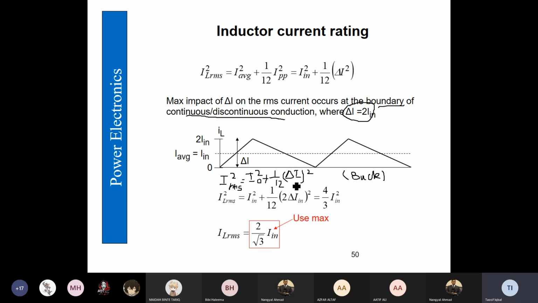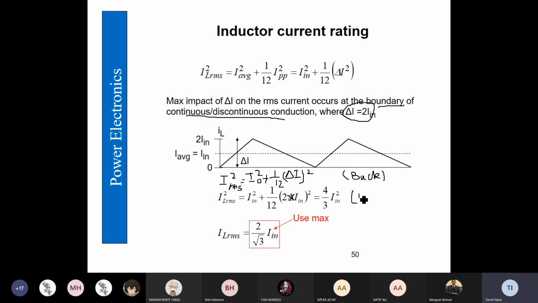In this case, delta I is twice the input current. Sorry, there should not be any delta. So twice the input current, and if we combine both terms, we get 4 by 3, and after taking the square root, we get 2 divided by root 3 times the input current.